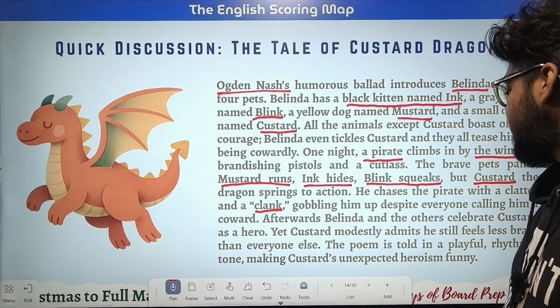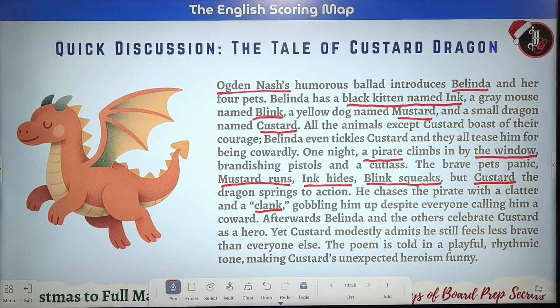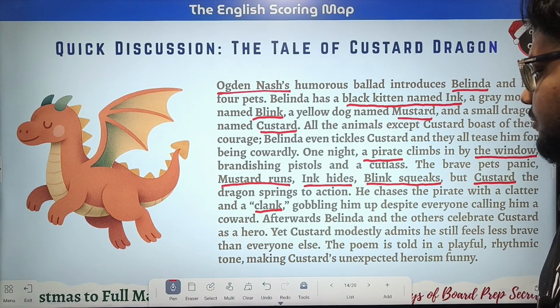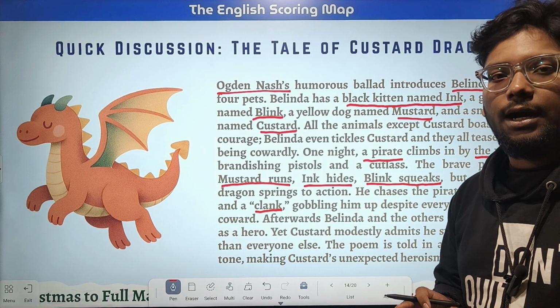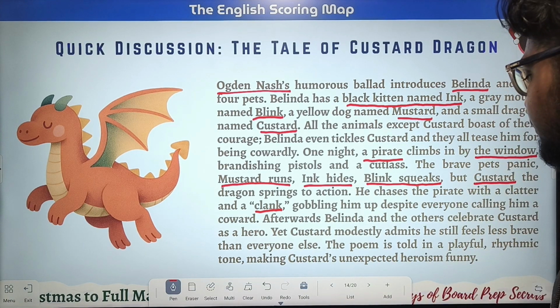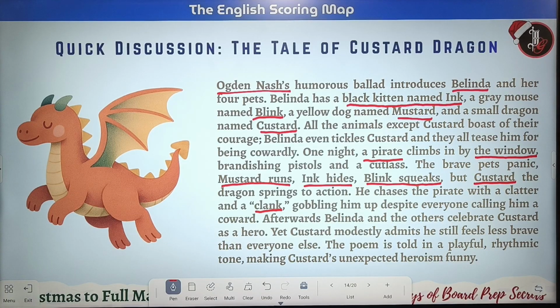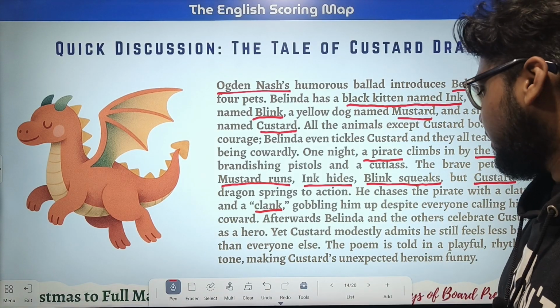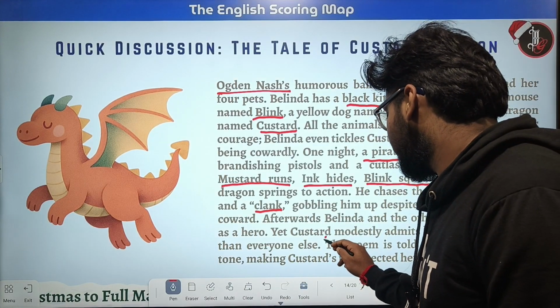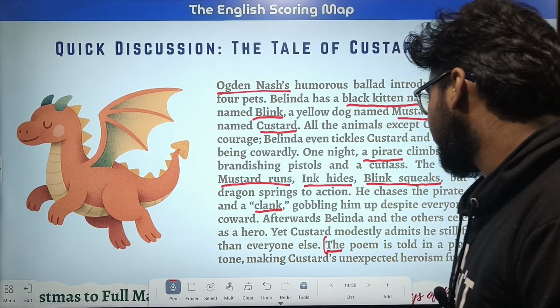Yet Custard modestly admits he still feels less brave than everyone else. So Custard was a very down-to-earth dragon, very humble. The poem is told in a playful, rhythmic tone, making Custard's unexpected heroism funny. This is the concluding line which we can use.